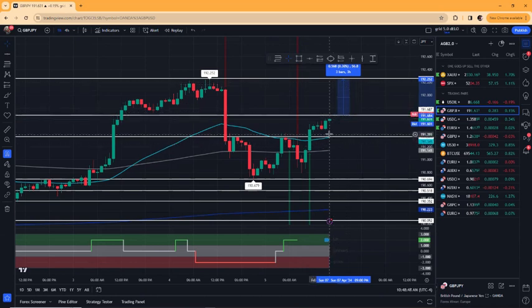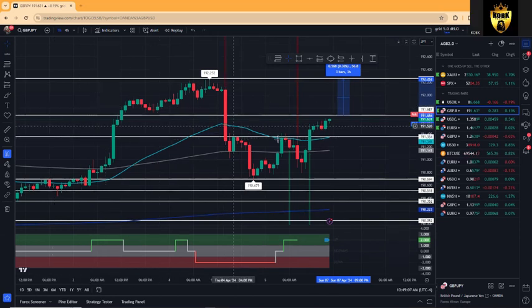I could enter here, where it is now, but then I have the potential risk of it going to this level, coming back down to this level, and then possibly going back up. So me personally, I'm just going to wait for price to come down, close above that level, and then continue to the upside.